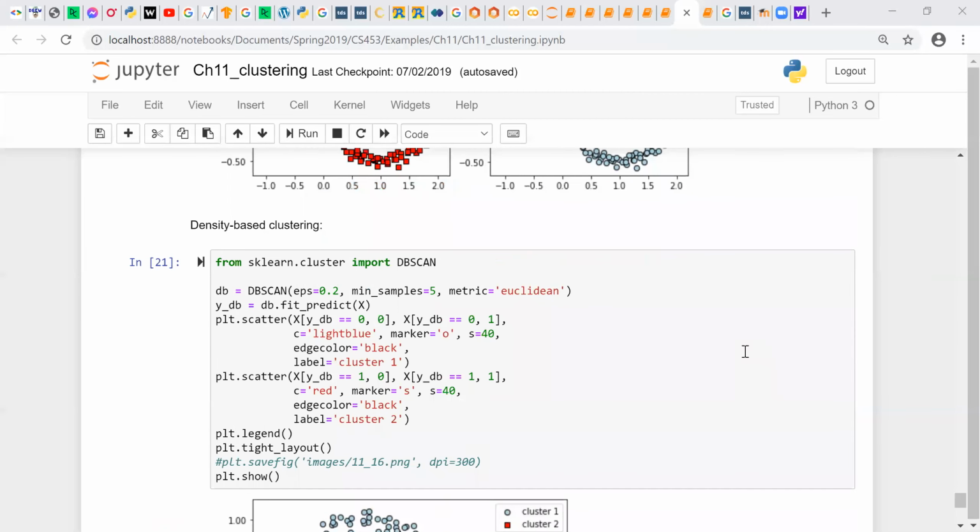And then let's see if we use density-based clustering. Then you need to specify the radius and the minimum sample points, and of course, you also need to specify the distance calculation.